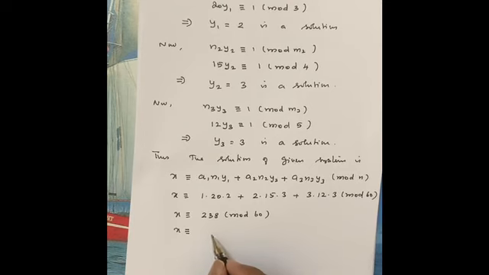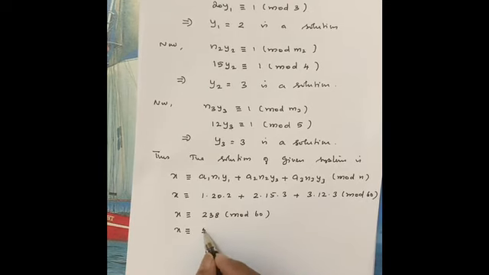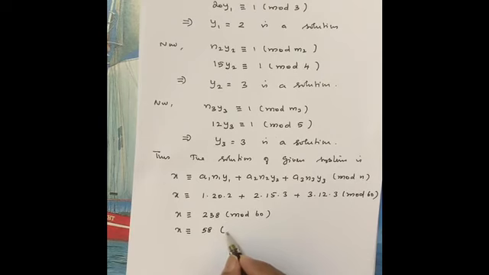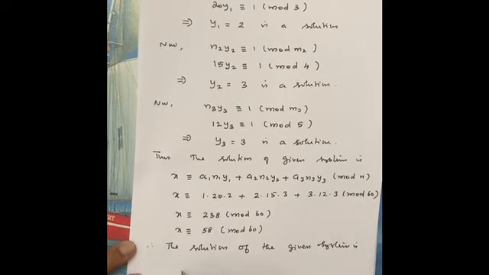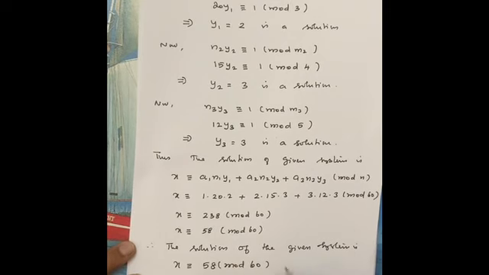What is the value? 238 divided by 60 has remainder 58, modulo 60. Okay, so the solution of the given system is x congruent to 58 modulo 60, and we verified that it is a unique solution.